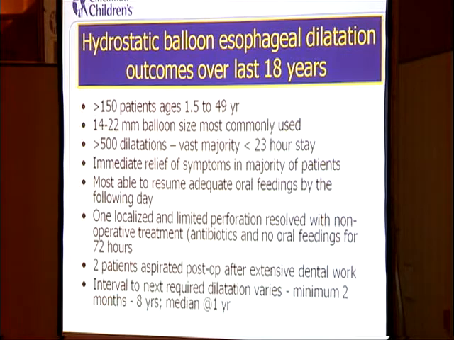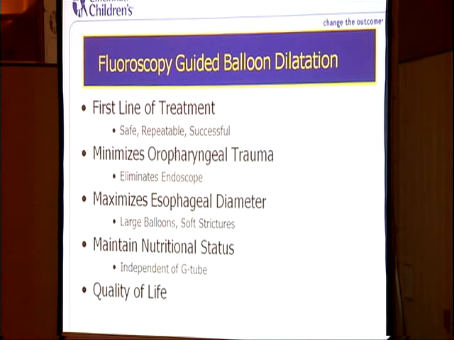This has been verified by a number of my adult patients as well as older teenagers. So the average length of time is about a year between dilatations, but as I said, it's quite variable, and every patient is their own case study, if you will.